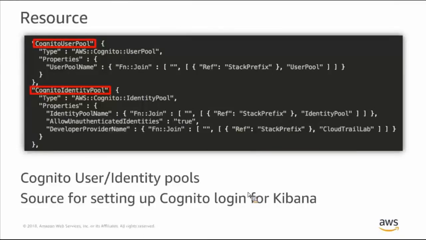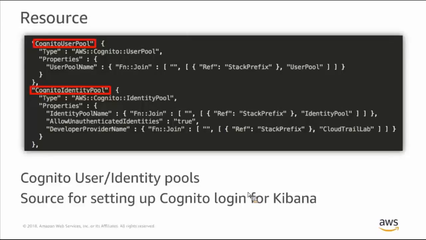As I said, again, the CloudFormation template does create a user pool and an identity pool. If you're not familiar with Cognito, those are the two components that allow you to, in the user pool, support the login experience, and in the identity pool, to either create identities or bring in identities from your federated identity provider, things like LDAP, Okta, Ping, all of those.